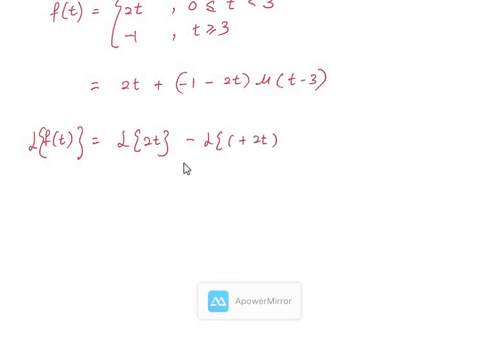Okay, we take out the minus, so 1 plus 2t, and then unit step t minus 3. Again, as you know, we need to change this because it is unit step t minus 3. So we need to change this one to t minus 3 form.